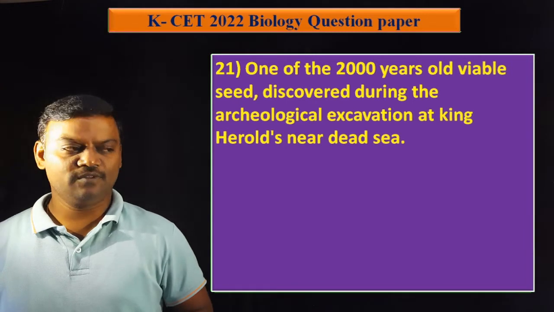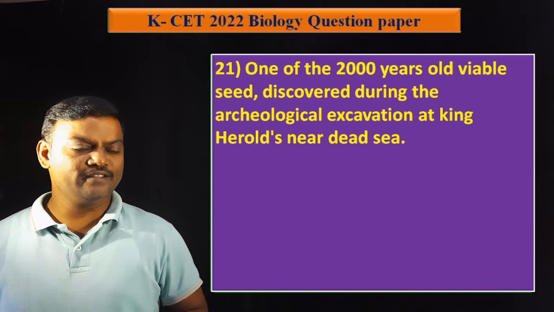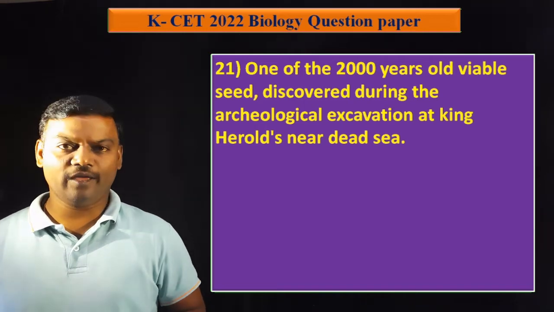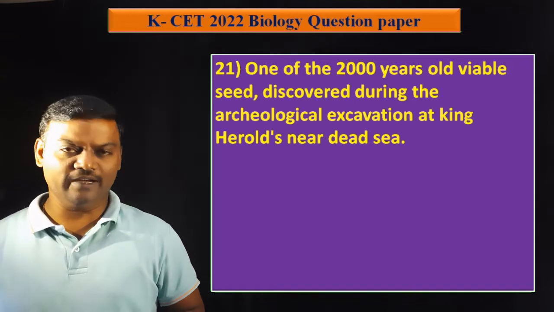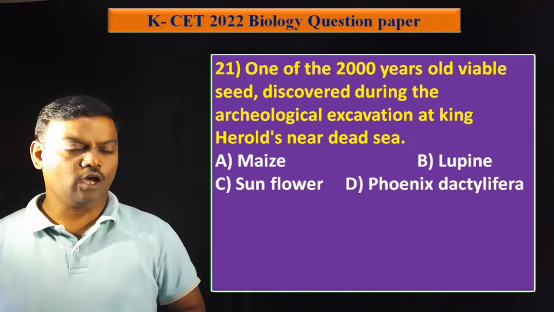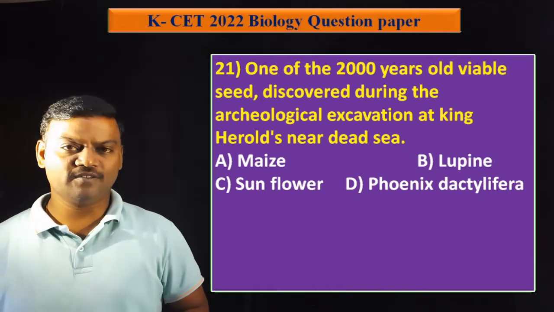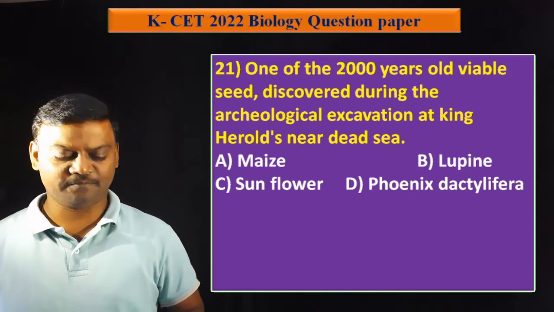Question number 21. One of the 2000-year-old viable seeds discovered during the archaeological excavation at King Herod's palace near the Dead Sea. Option A, maize, option B, lupine, option C, sunflower, option D, Phoenix dactylifera.